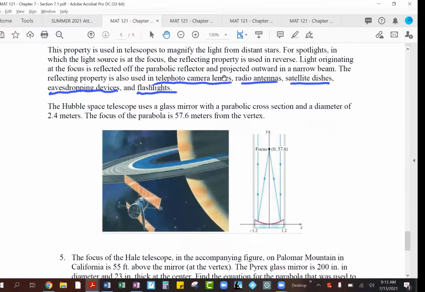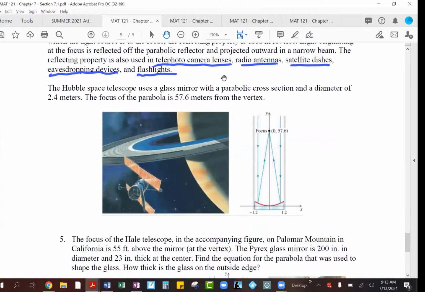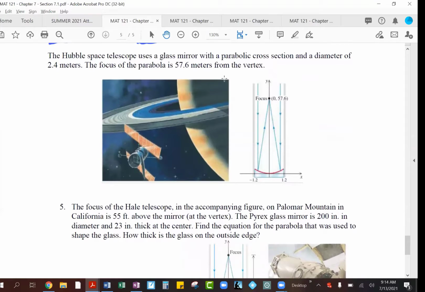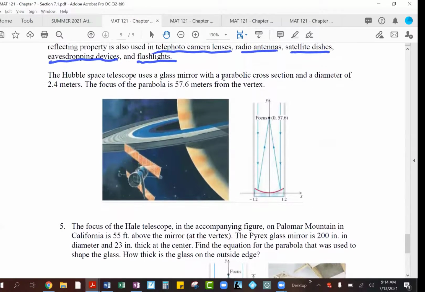And of course, we use that same reflection property for a parabola in telescopes also. Depending on what the mirror placed inside your telescope looks like, they'll calculate where the focus should be. That's where the light from the distant planet will be coming in.